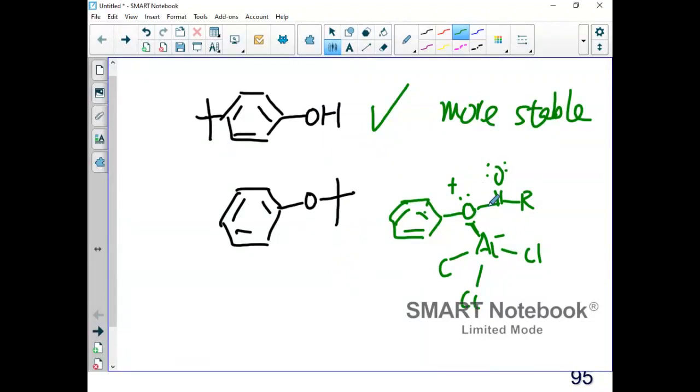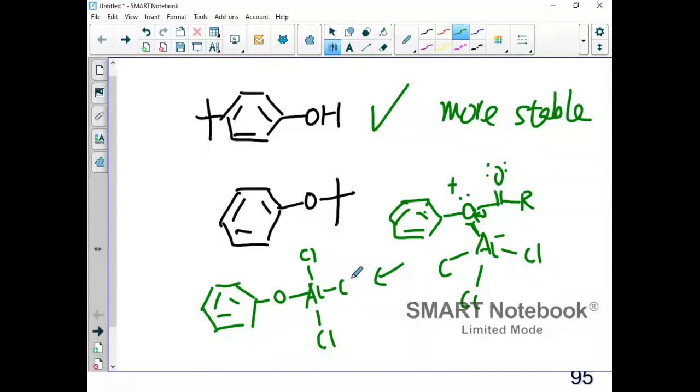Then this complex can break off and give you the acylium cation. Then the acylium cation can act as an electrophile and react with the aromatic ring, here obviously at the ortho and para positions.